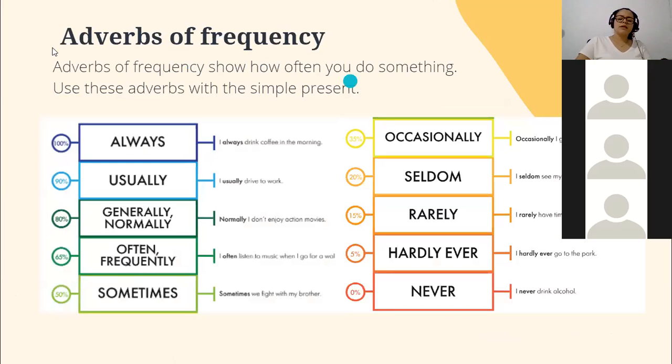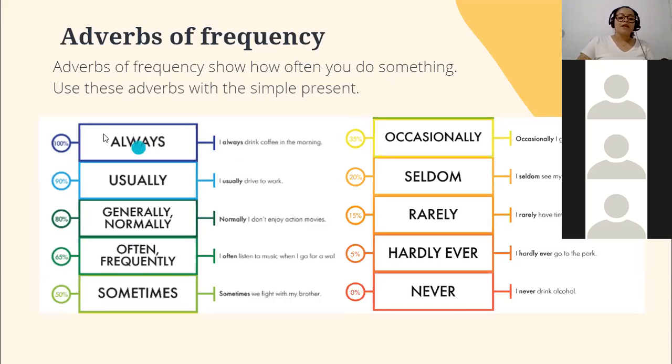Okay, and to be more specific, adverbs of frequency. Use adverbs of frequency to show how often you do something. ¿Qué tan a menudo, qué tan frecuente, how often you do something.